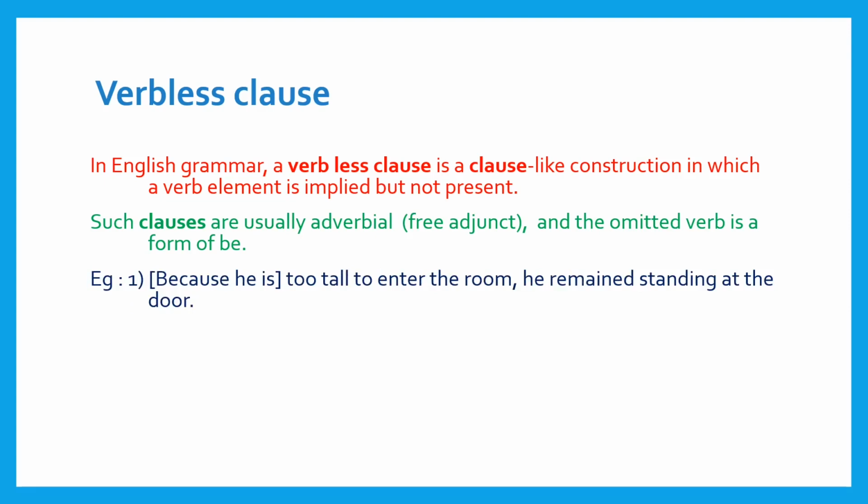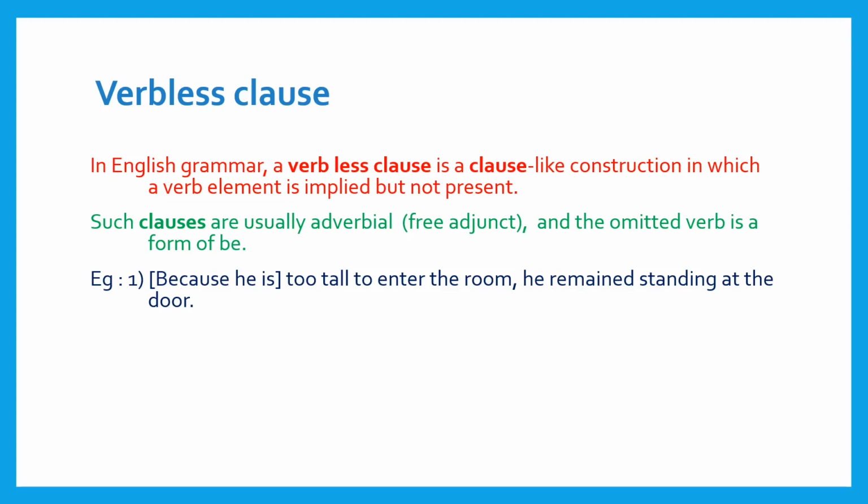So sometimes we find sentences devoid of the first part of the sentence, which I have highlighted there, because he is. So here we don't find the actual verb, and such clauses are called verbless clauses. So how do I read it? I just read it like this: too tall to enter the room, he remained standing at the door.